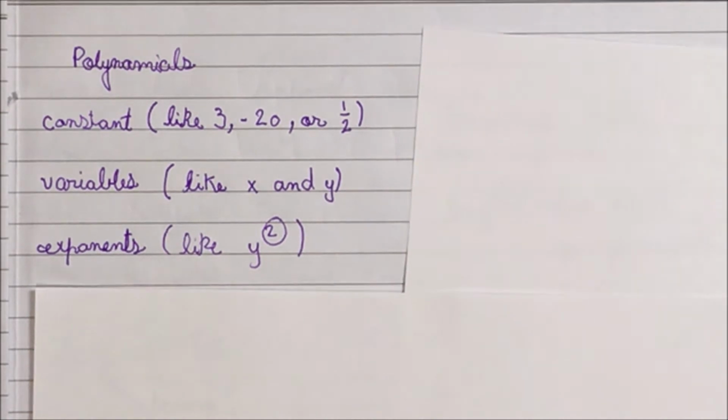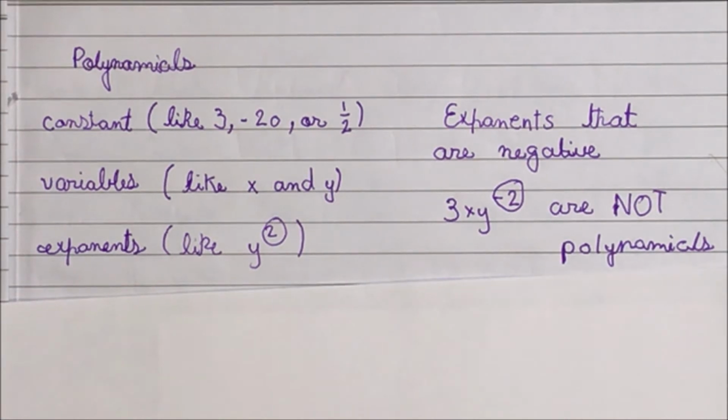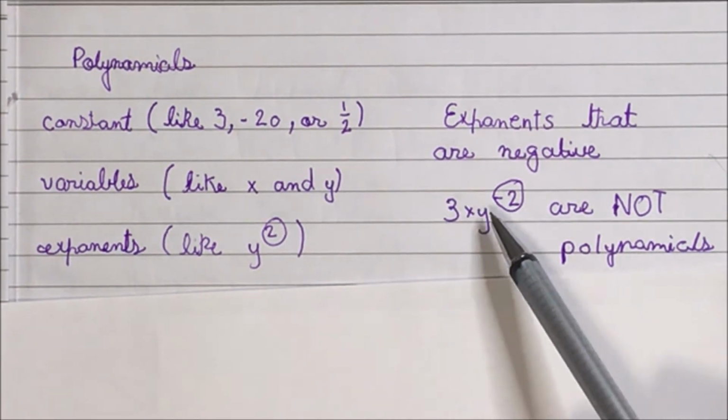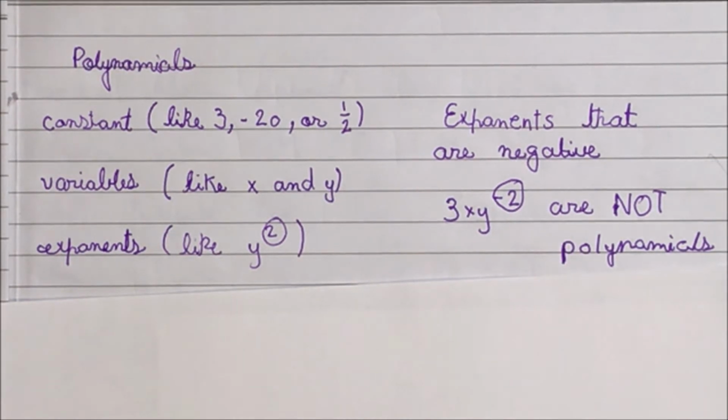Now, to differentiate polynomials from other kinds of mathematical equations: if there is a negative exponent, such as here, so it's 3 times x times y to the power of -2, that's not a polynomial.